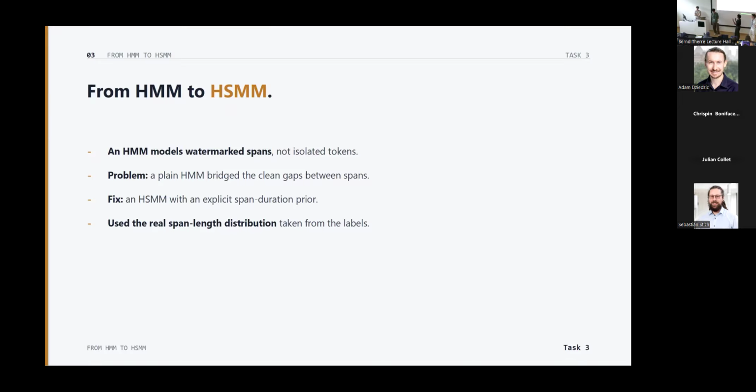And if you just use HMM, then if there are two watermarks right beside each other, it doesn't mark them as different. Instead, it marks them as the same, which with HSMM you could solve. Okay.